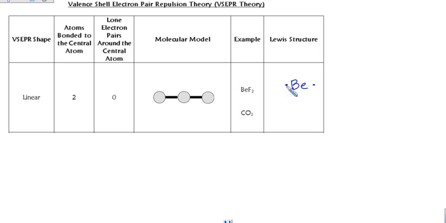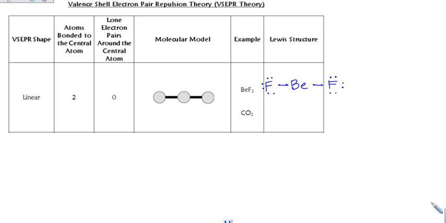Then I'd add the 2 fluorines with their 7 valence electrons, lining up the singles. Connect the dots. And here's the other fluorine. 1, 2, 3, 4, 5, 6, 7. Link them up. There we go.